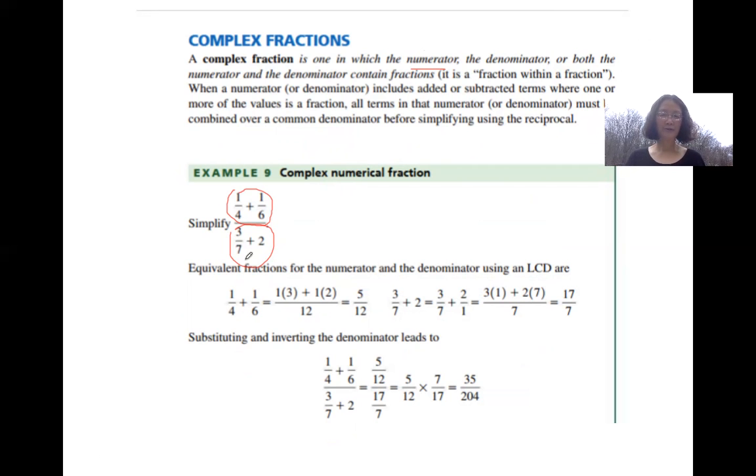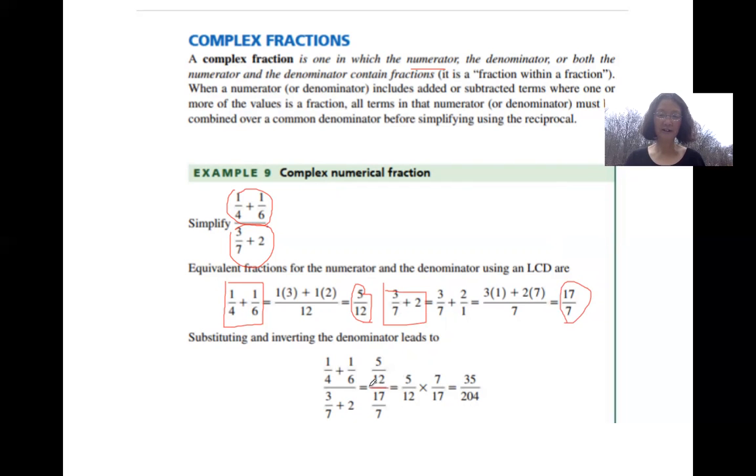You do 2 steps. First, you simplify the numerator, the fraction on the top. Then you simplify the denominator. Then you take the result for the original numerator and the result for the original denominator and do the division.